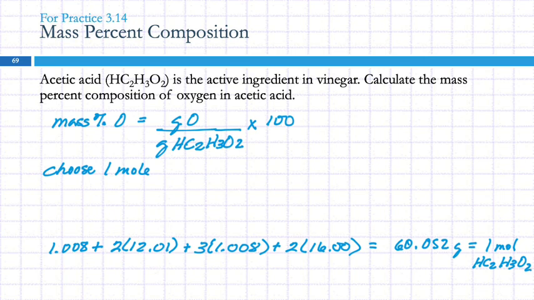So 1 mole of acetic acid is 60.052 grams. 52 or 53? Well, did you use unrounded masses from the periodic table? Yeah, the only one I changed for mass was my oxygen. I always put 15 right now. Yeah, I think that's what happened.